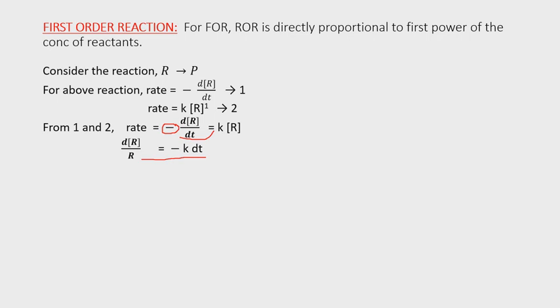Now we are going to integrate. Integrating on both sides, that means we have to apply the integral symbol now. This is the integration. Integral dR by R equal to minus K integral dt.